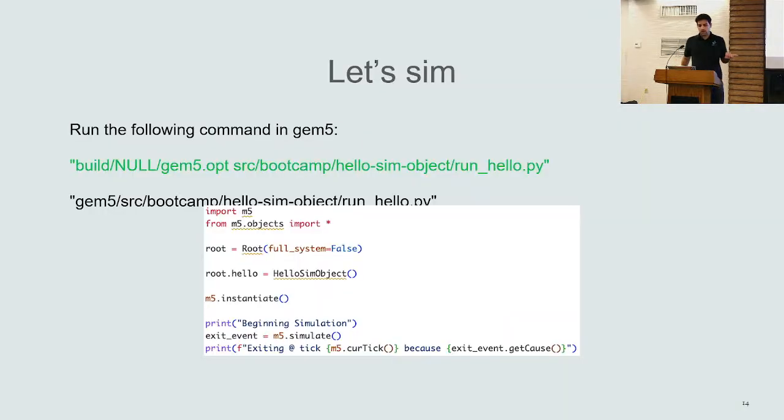Okay, so what I want you guys to do is to run this command in green in the gem5 directory. And I'm going to do it with you guys. So feel free to copy and paste, but I suggest you don't.